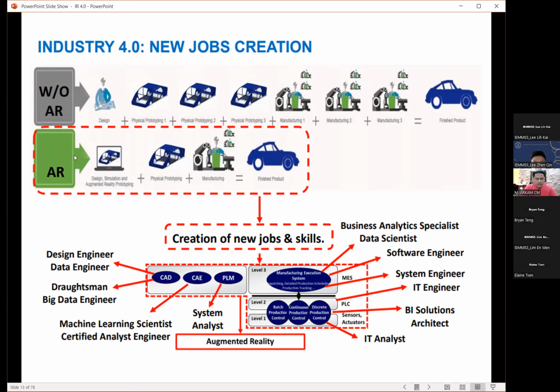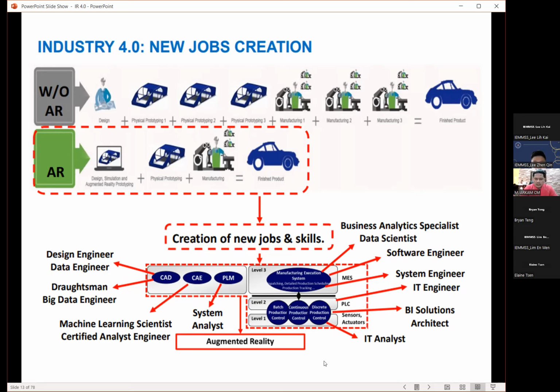So with this introduction, we start to create new jobs and skills as well. The job skills required for AR, augmented reality, are business analytics specialist, data scientist, software engineer, systems engineer, IT engineer, BI, solution architects, IT analysts, machine learning scientists, and also engineers.